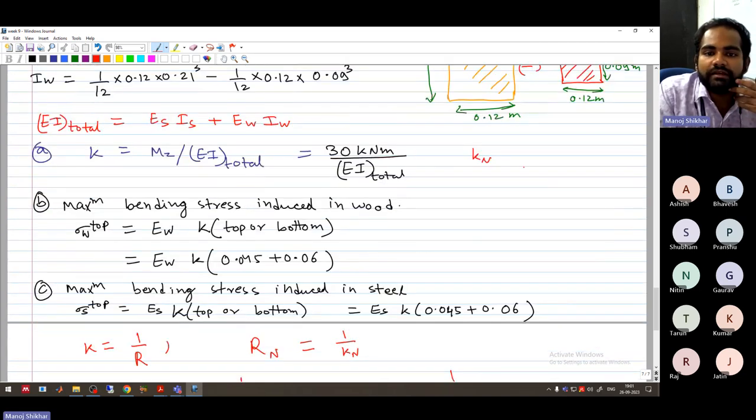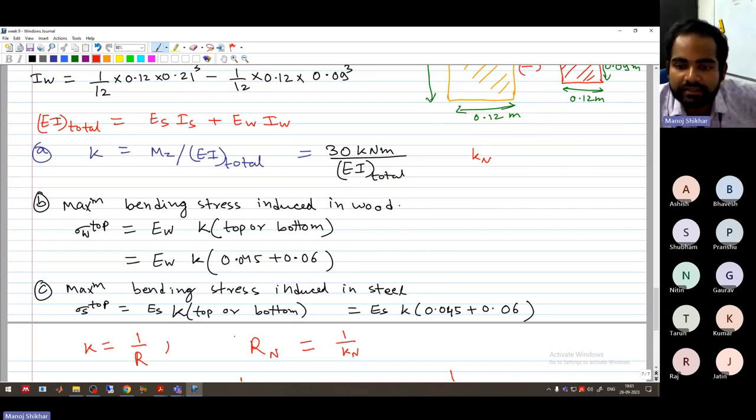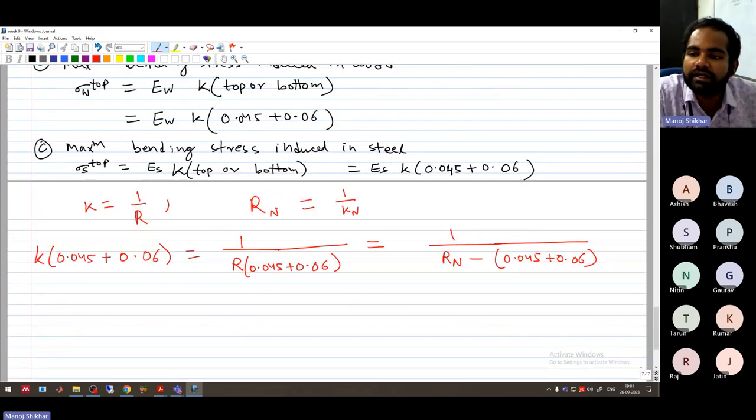So from A, you actually need to do the inverse of whatever you find in A. That will give you the radius at the neutral axis, and you will have to use that Rn to calculate the kappa at this point.